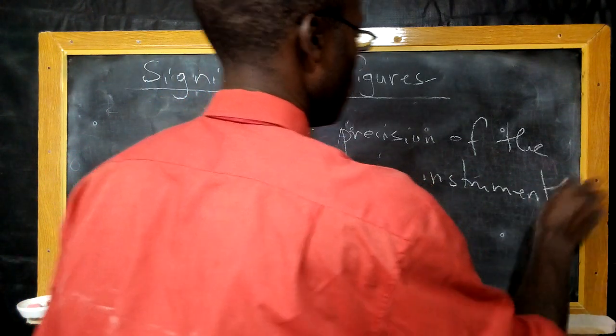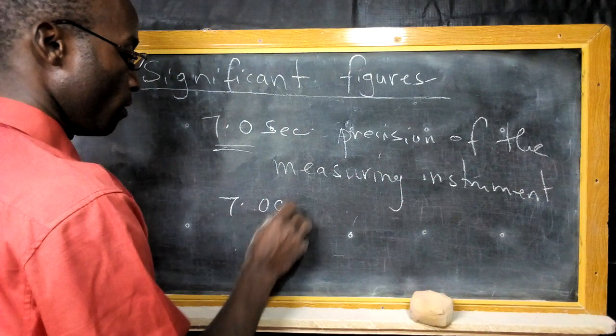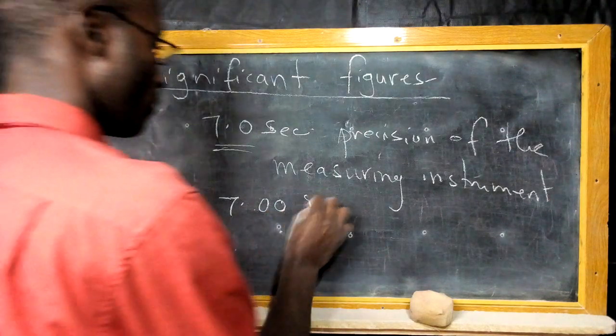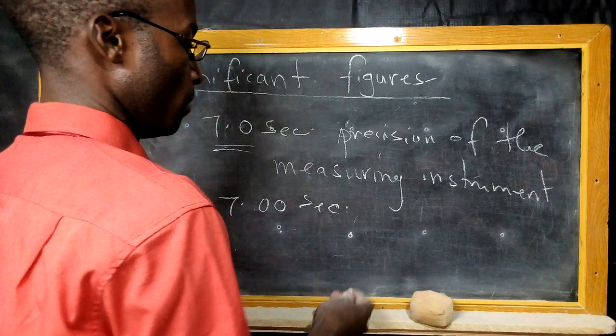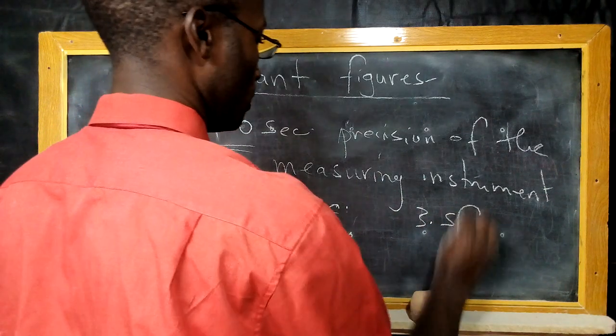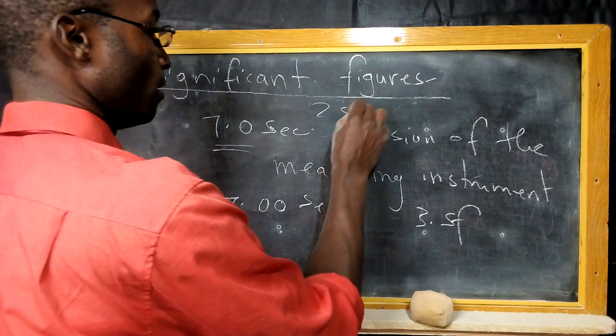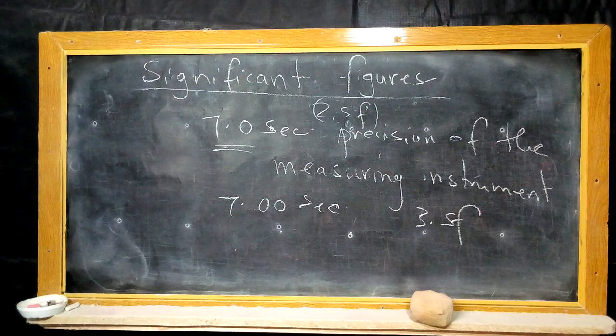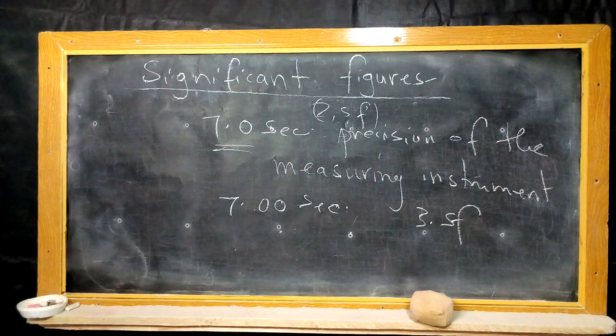If I were to write 7.00 seconds, this will imply 3 significant figures, whereas this one is 2 significant figures. As we have said, they bear significance in that they carry the precision of a measuring instrument. So that is for measurements that contain decimal fractions.